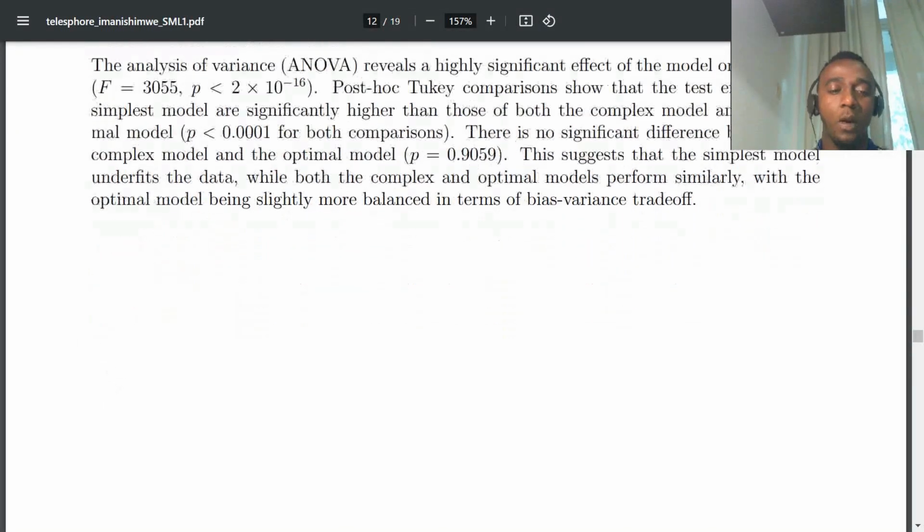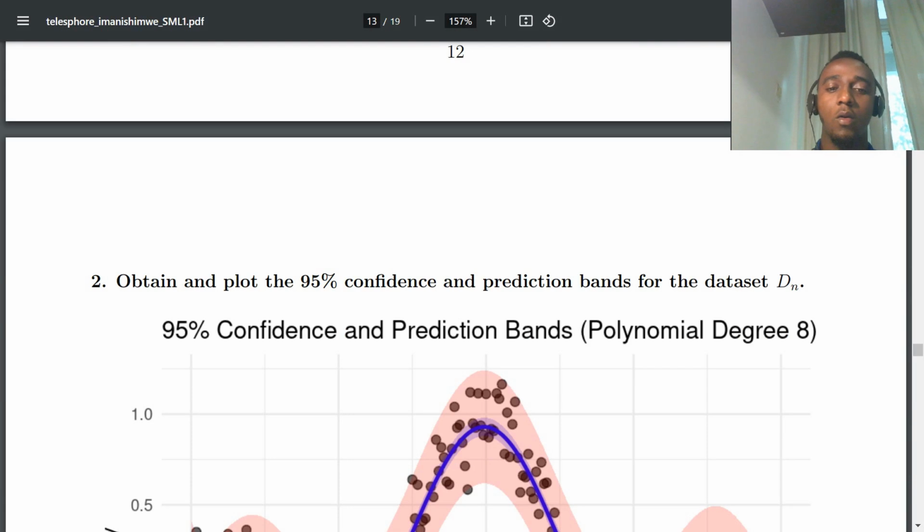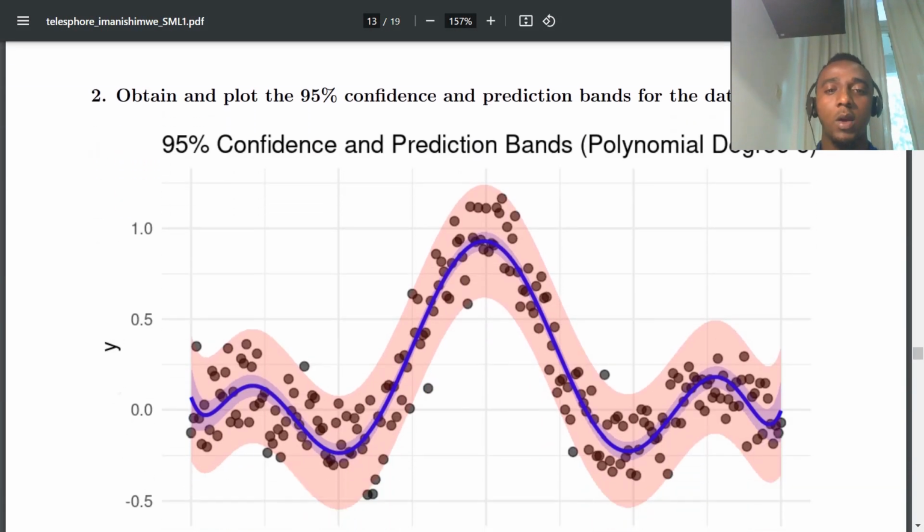So again, I went to the confidence and prediction bounds, where, as you see, my prediction bound is covered by the red one, and the confidence of my estimate is the blue one.